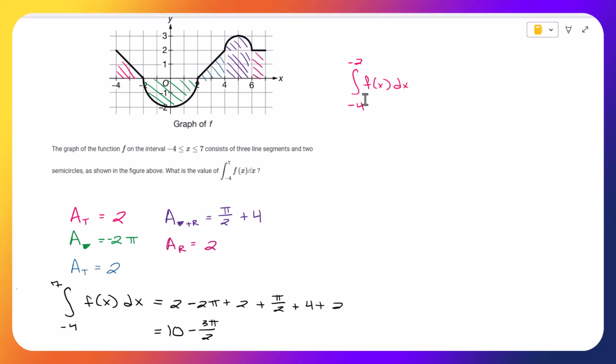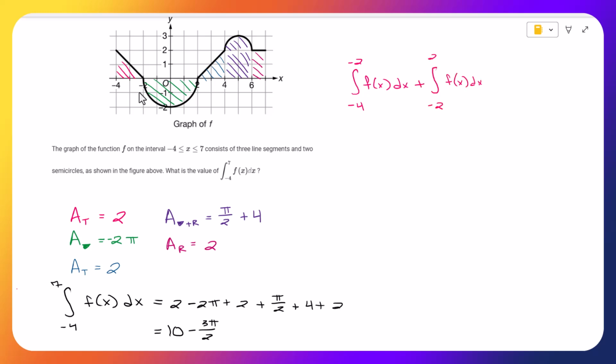And we added that to the second piece, our integral from negative 2 to 2 of f of x dx.